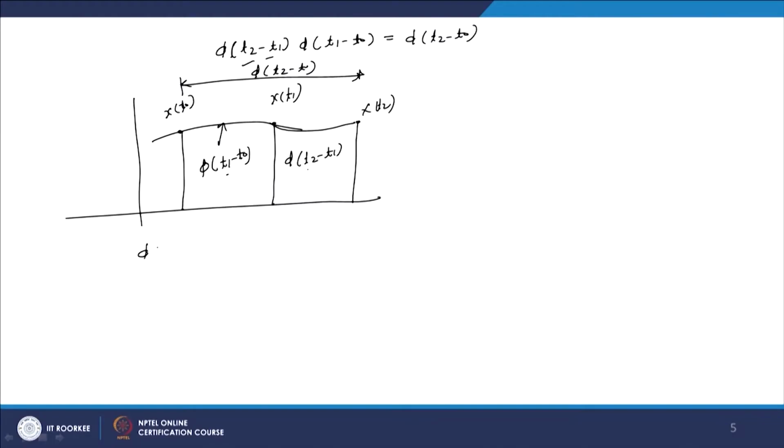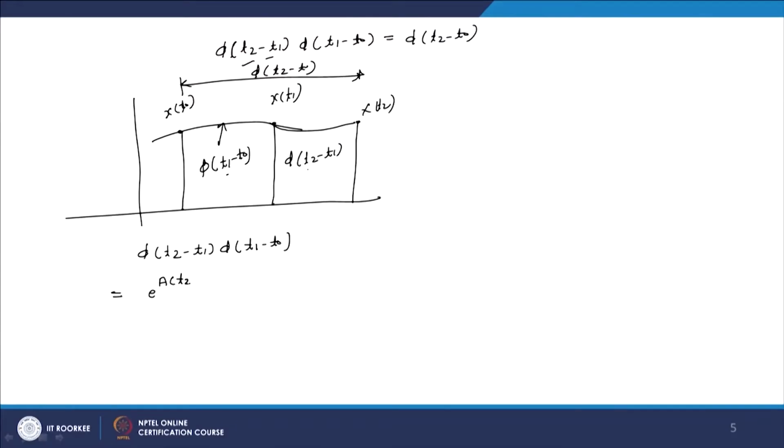How will you prove this? Here, phi of t2 minus t1 times phi of t1 minus t0. Now we have to solve this. This is also a state transition matrix, so it is represented by e raised to a times t2 minus t1. And phi of t1 minus t0 is written as e raised to a times t1 minus t0.